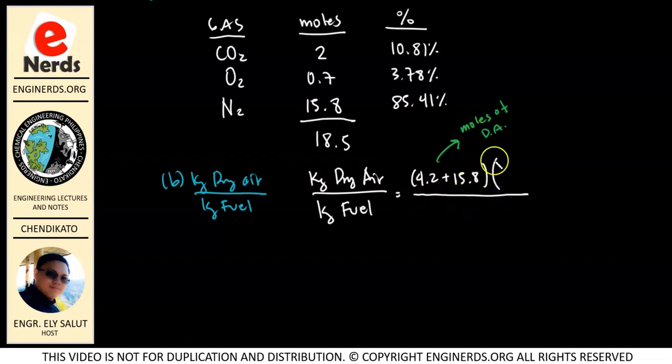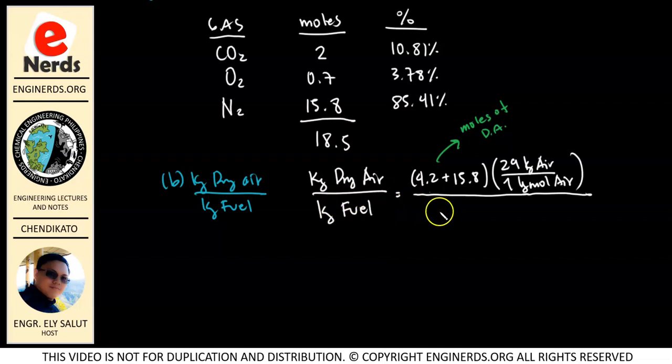So the molecular weight of air, as we know, is 29. So we have 29 kilogram of dry air per 1 kilogram mole of air. Okay, so now we have the kilogram of air in our numerator.